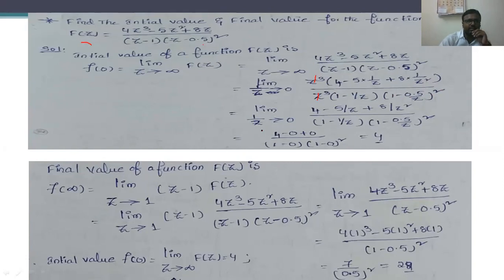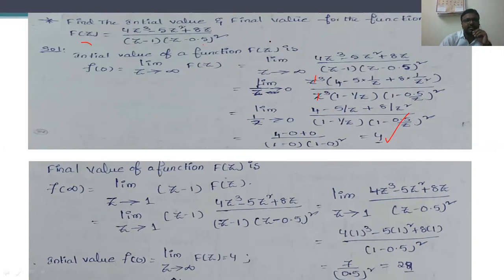Just substituting 1 by z equal to 0, we get 4 minus 0 plus 0 divided by 1 minus 0 into 1 minus 0. That is nothing but f of 0, the initial value, as 4.